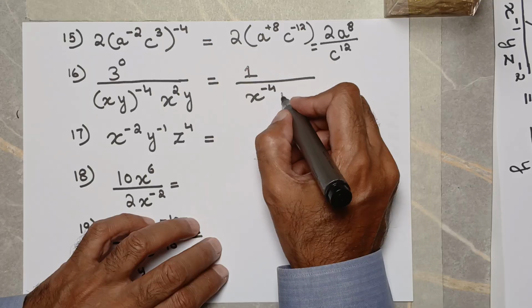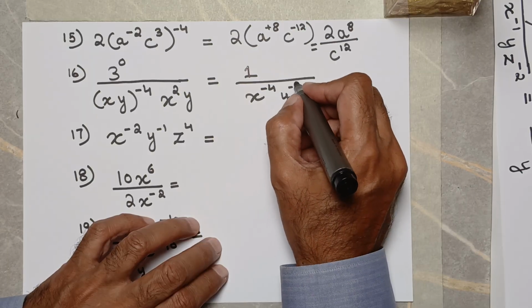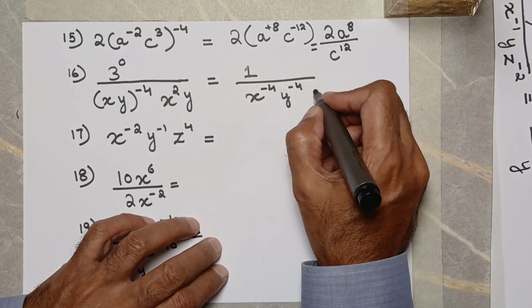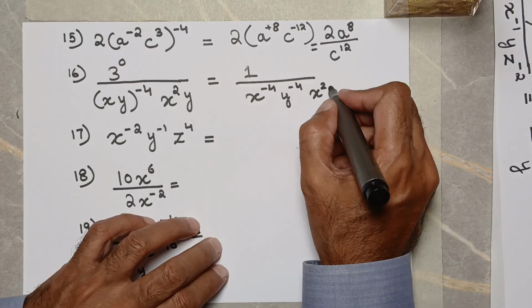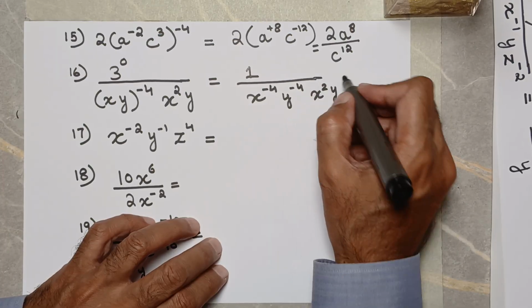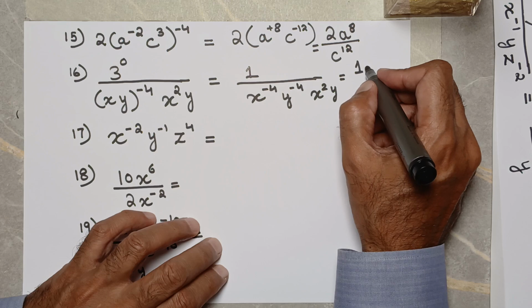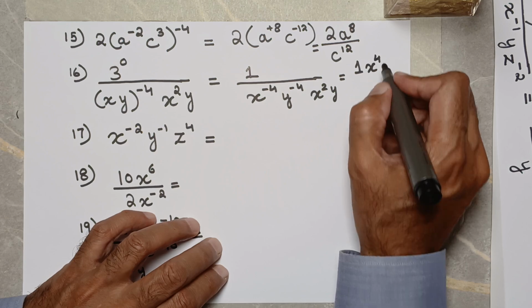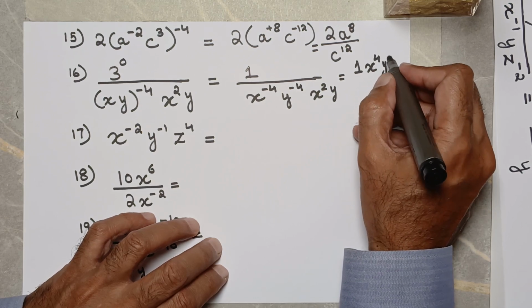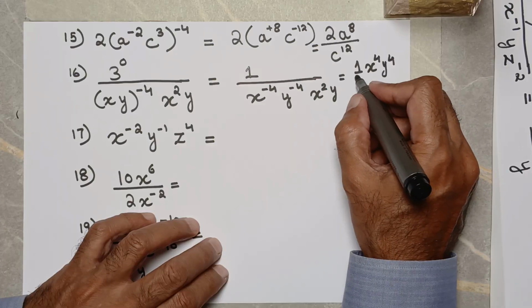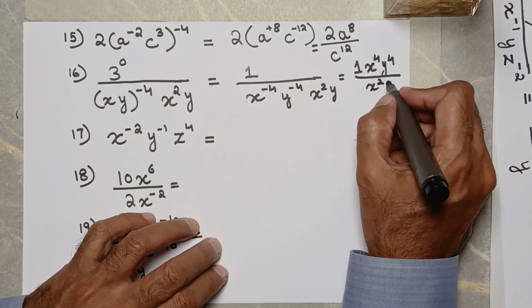We will simply first complete this: y raised to the power minus 4 and x raised to the power 2 and y over here. Now the second thing that we will do, 1 will come as it is, and here x4 and y4 will move to the numerator, and here we have x square y.